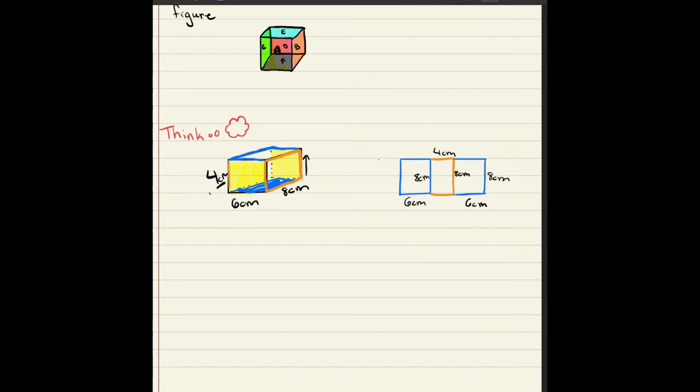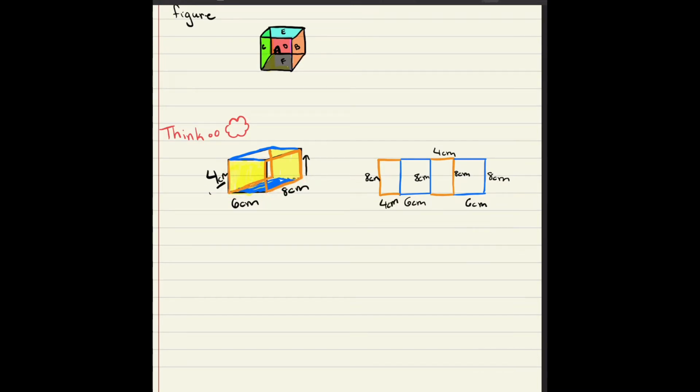And then I have this face over here, which comes out on this side. So it's still 8 centimeters, because the 8 centimeters is this bottom number. And the other side would be 4.